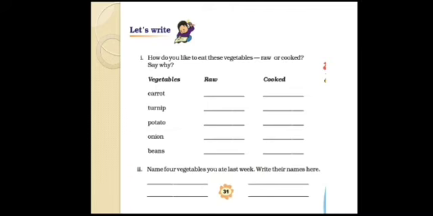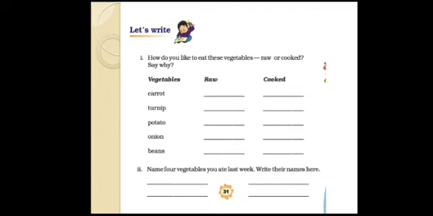If you eat raw and cooked both, then you have to tick in both the columns, or you have to write yes or no. Either you can tick mark, or you can write raw yes, cooked yes, or raw no, cooked no. Next, name 4 vegetables you ate last week. Write their names here.